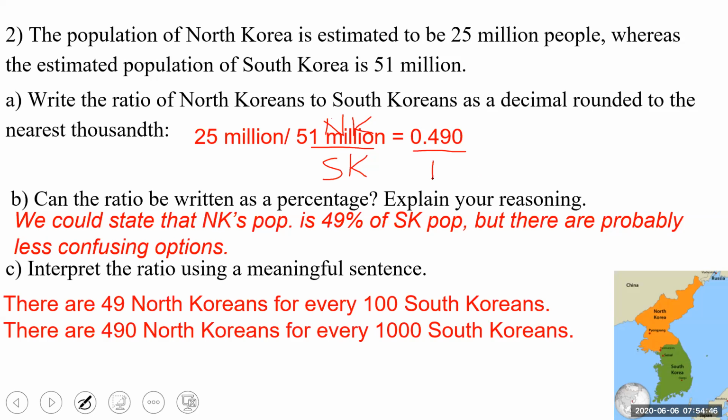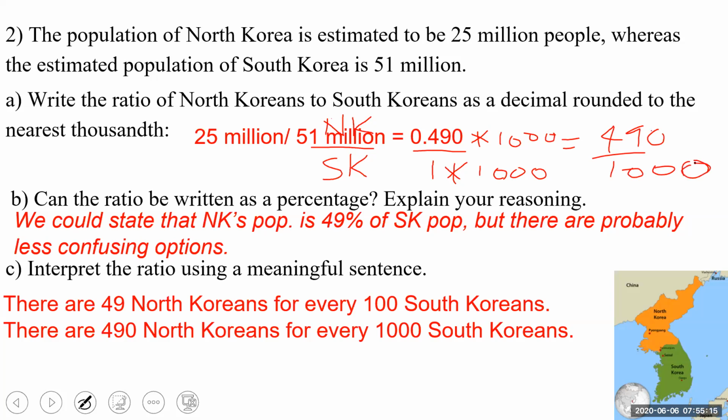So we want to compare that in a population of 100. So you have 49 out of 100. Okay, so this means that for every 49 North Koreans, there are 100 South Koreans. If you wanted to make the population out of 1,000, we just have to multiply this by 1,000.